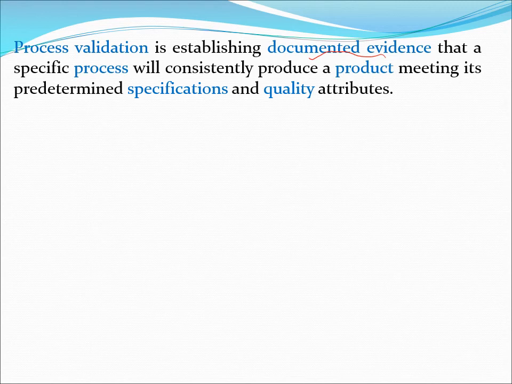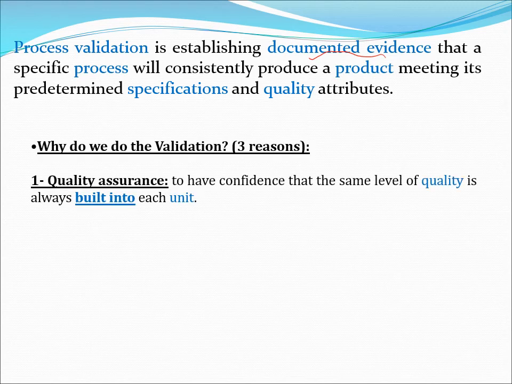So what is the aim of this pharmaceutical process validation? Of course, the first aim of validation is quality assurance, to assure quality. So we are making sure that the quality is built into each unit. Each tablet will be qualified.